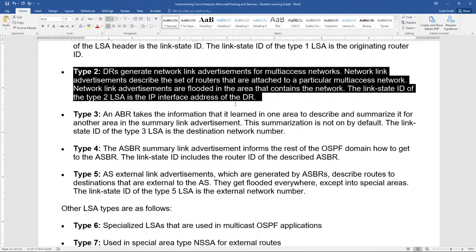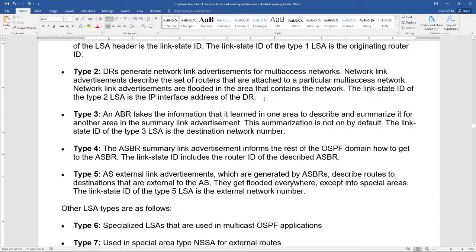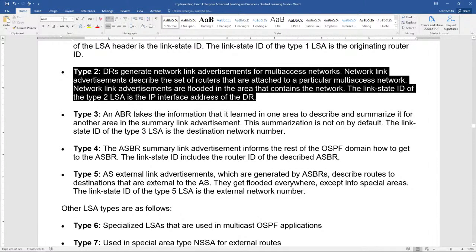It's there to describe the segment or the network that the DR is managing. Not only does it describe that segment, it describes whoever is attached to that segment. Remember when I told you guys in the beginning of this class, I said OSPF is more about routing to nodes than routing to networks. The DR is responsible for all of the nodes on a multi-access network.